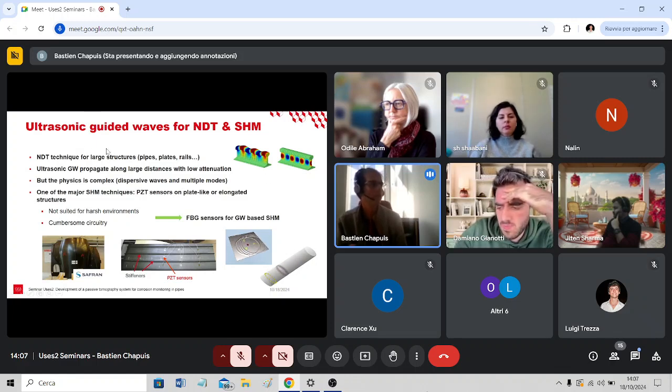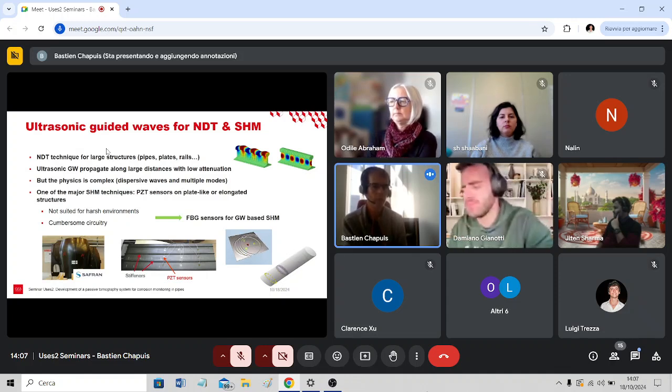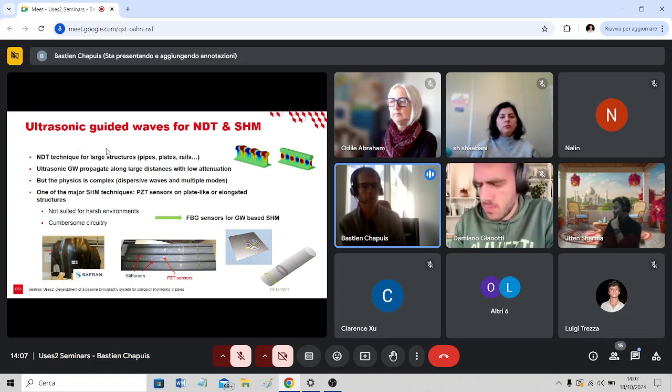Why? Because these waves can propagate along large distances with low attenuation. So with a limited number of sensors, you can cover pretty large structures. As you've seen in my previous talks about rail, with 2 sensors we can monitor 1 kilometer of rail, for example.